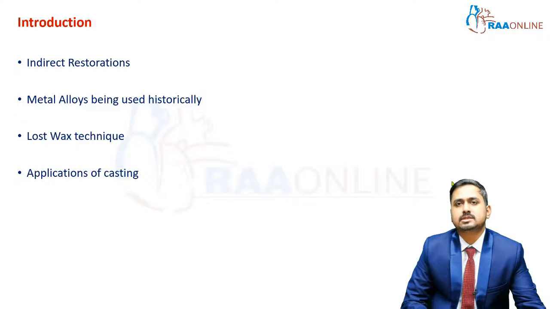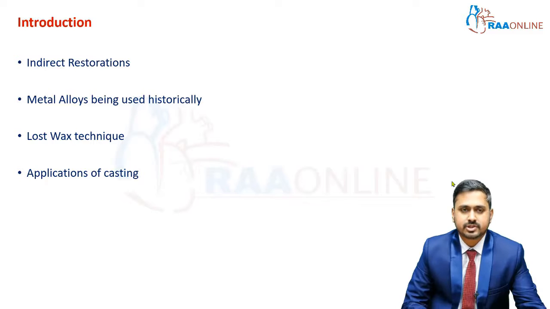By dental casting, we know that it is a procedure of casting a wax pattern which is converted into a metal casted restoration. So this is a form of an indirect restoration. It can be an inlay, onlay, or any form of crown which is given as a single restoration or as part of a fixed partial denture. Metal alloys have been used historically in dentistry for years as a restorative material.